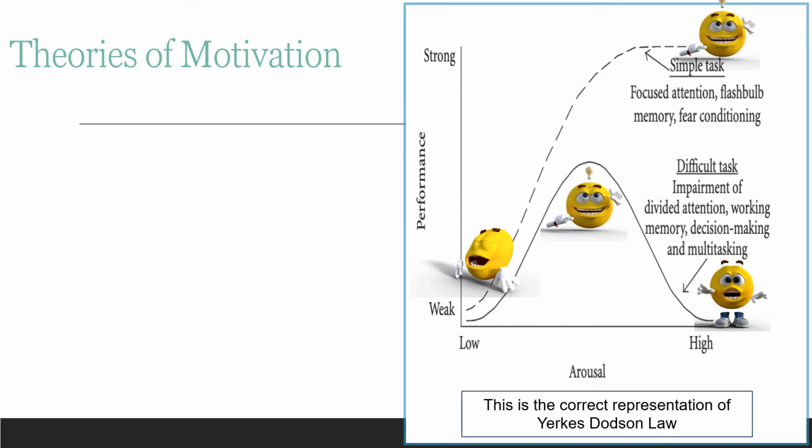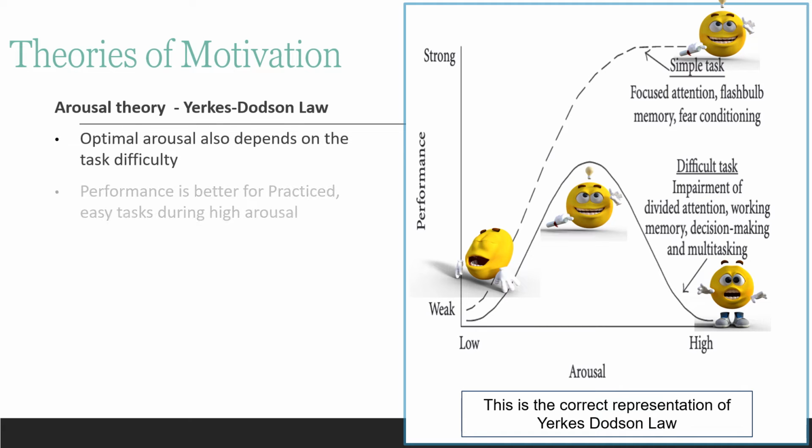The optimal level of arousal also depends on the complexity and difficulty of the task you're working on, which leads us to something called Yerkes-Dodson law. So performance is better for practiced, easy tasks during high arousal, whereas performance on challenging or difficult activities is best during moderate arousal.